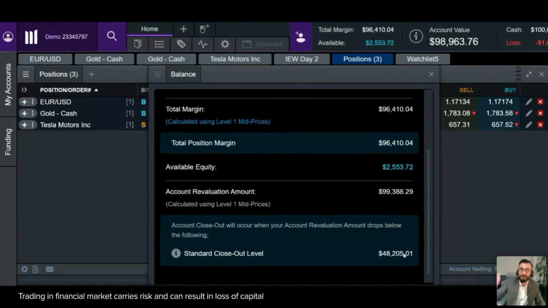It means when the market starts dropping and this account value of yours comes down from 98,000 to 48,200, all your trades will be closed completely and you will be left with $48,200.